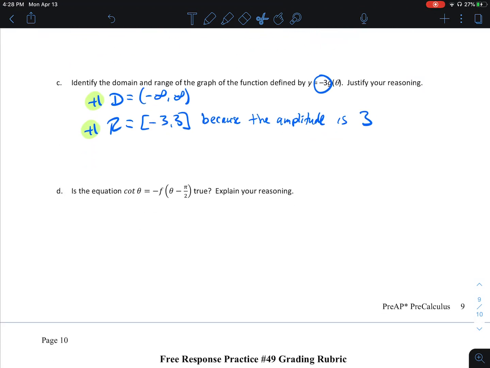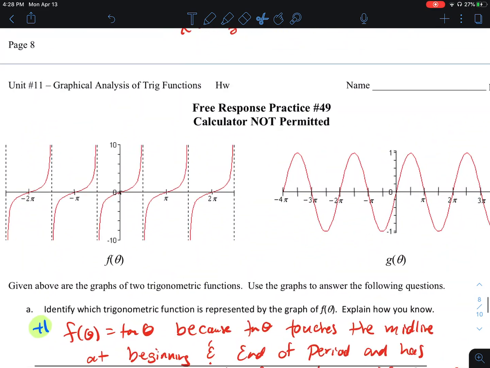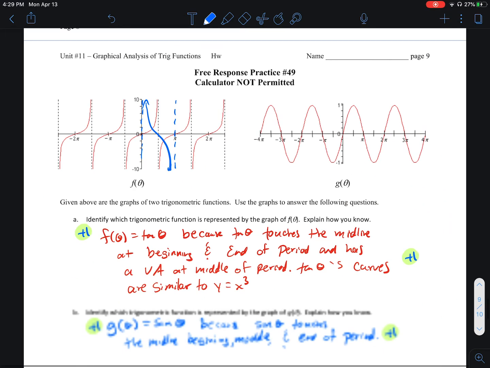D, is the equation cotangent of theta equivalent to negating f and then subtracting pi over 2 from theta? Is that true? Well, let's see. If we take this function that you see here, if we translate it to the right half pi, and then we do a vertical reflection, is this the same as cotangent?